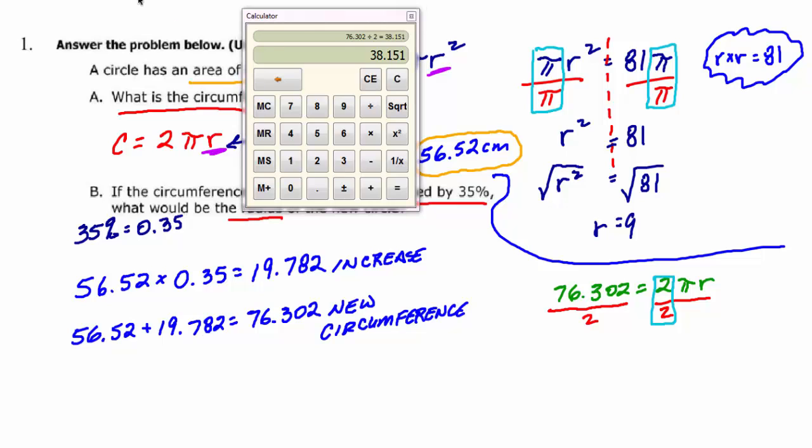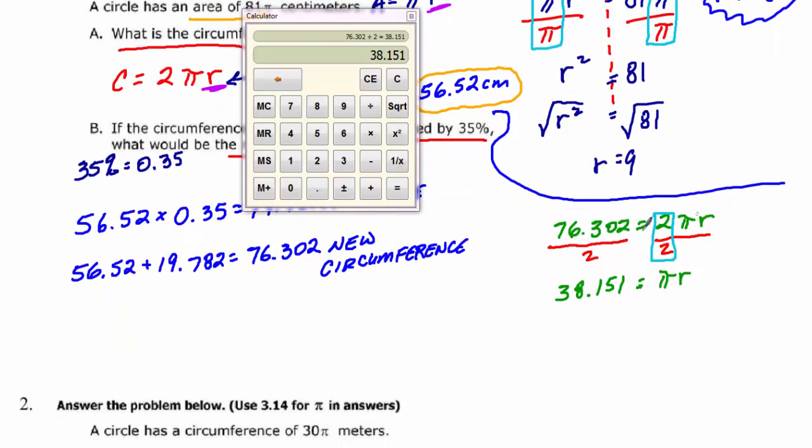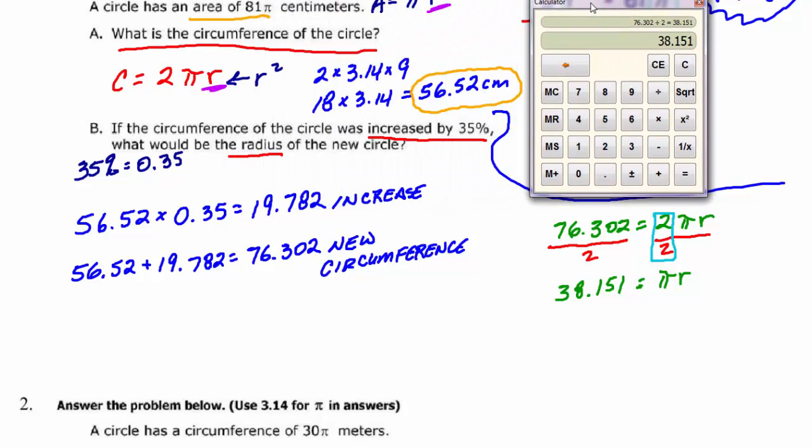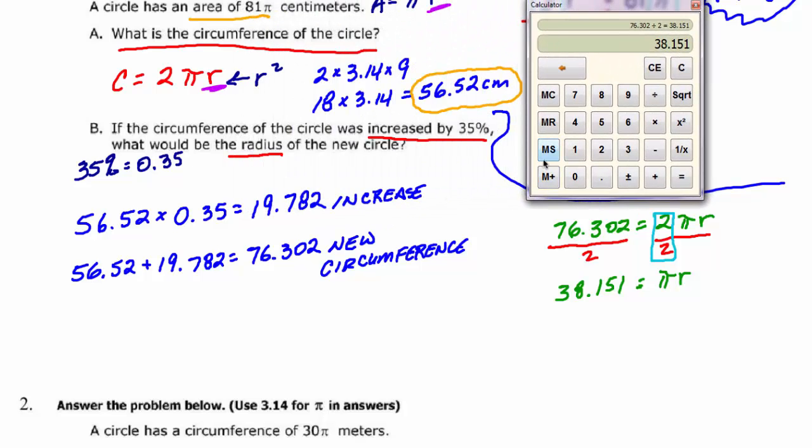That gives us a total of 38.151. And that's equal to pi times the radius, because we got rid of the 2.